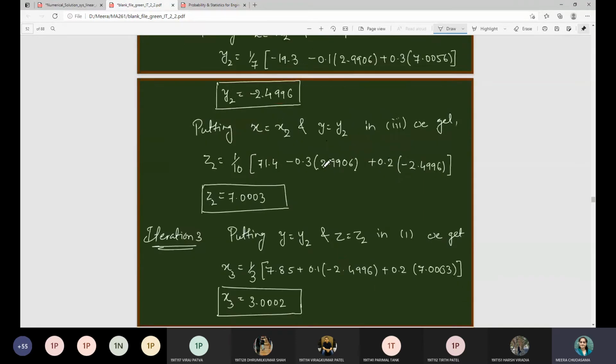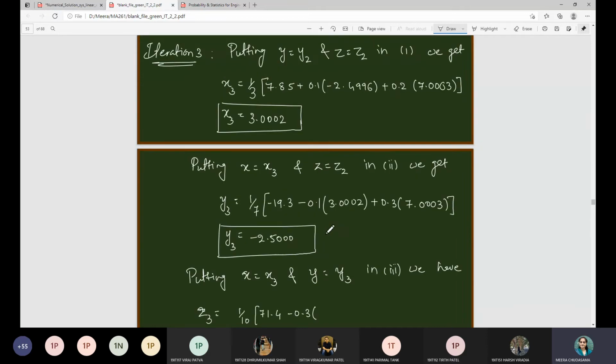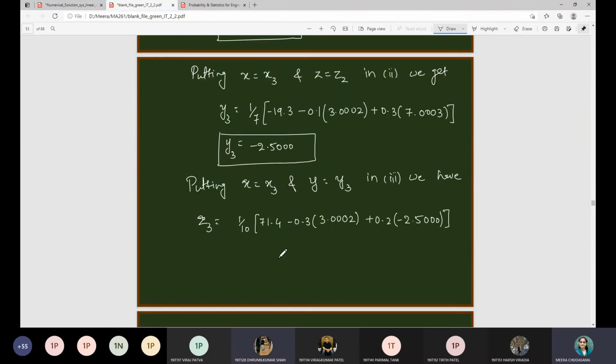Yes, so it is minus 0.3 into last evaluated value, this one, plus 0.2 into y value. Okay, evaluate this. 7. Exact 7.